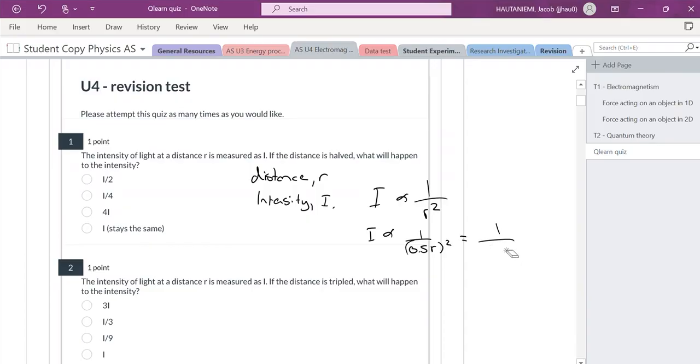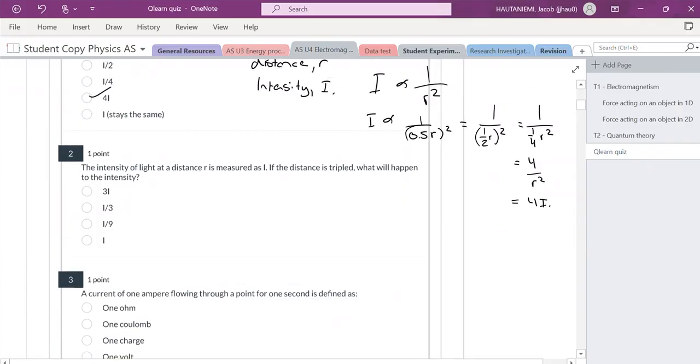I'm going to rewrite it to make a little more sense. It's going to be 1 over (a half of r) squared, which is 1 over 1/4 of r squared, which is equal to 4 over r squared, which is 4 times the intensity. So it's going to be 4I.